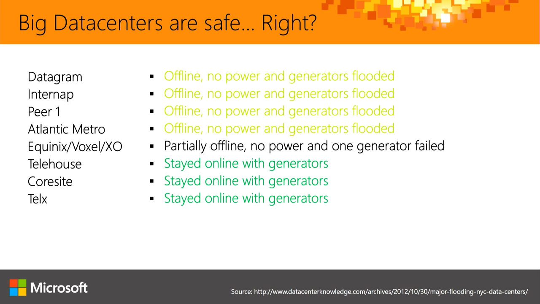The first 4 went down completely. The one in the middle was partially offline, running off of diesel generators, and the last 3 stayed online with generators. So luckily, the Kardashians were off the internet for a few hours, because BuzzFeed and all those internet sites were actually located on some of those data centers.